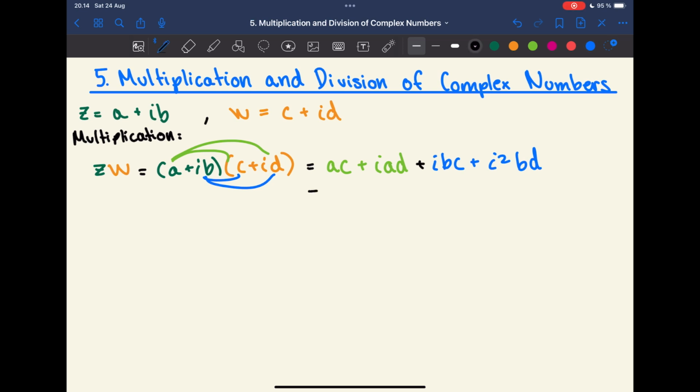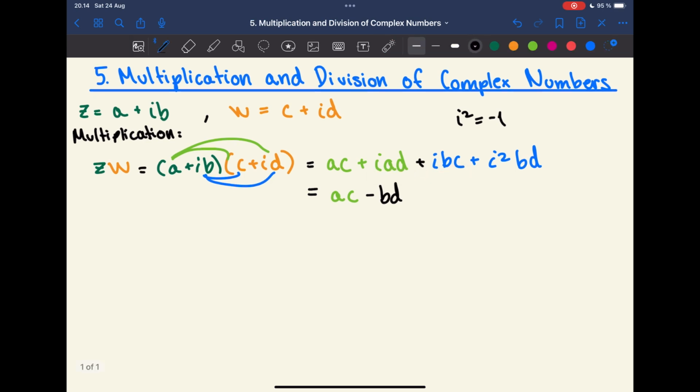Let's just remember that i squared, that was the whole point of introducing the imaginary number i. It was that i squared is equal to minus 1. So instead of having i squared here, we just have minus bd. So let's collect the real parts. That would be ac, and we subtract bd because we had i squared, which gave us a minus 1. And for the imaginary numbers, notice that this term is multiplied by i, and this is also multiplied by i.